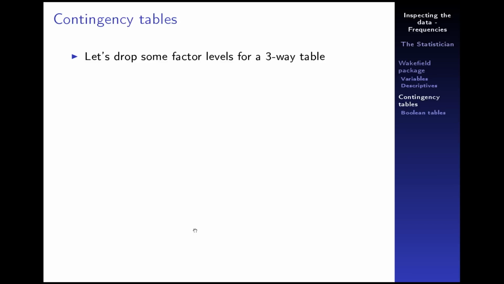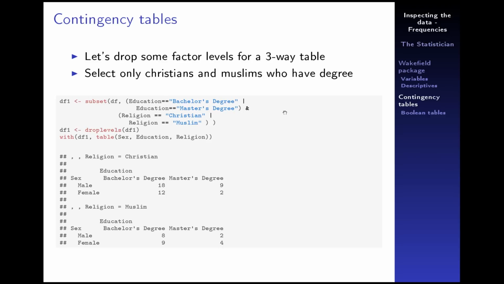and we can also have a three-way contingency table, but because there are so many levels in our variables, I'm just using some of the levels. So I'm using the subset function, and I create a new data frame.